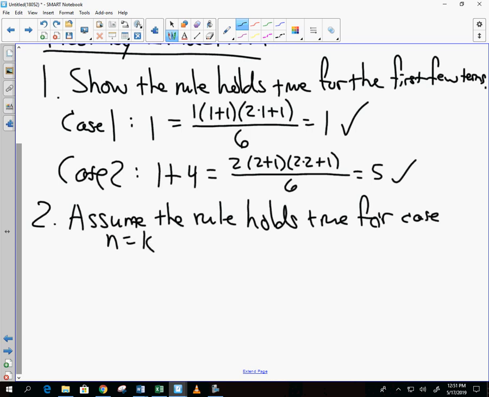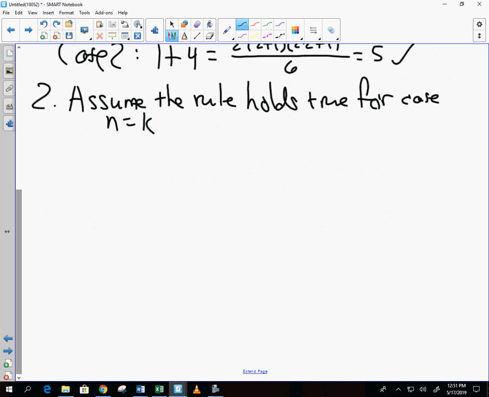N equals K. What does that look like as I write it out? Plus K squared is equal to?